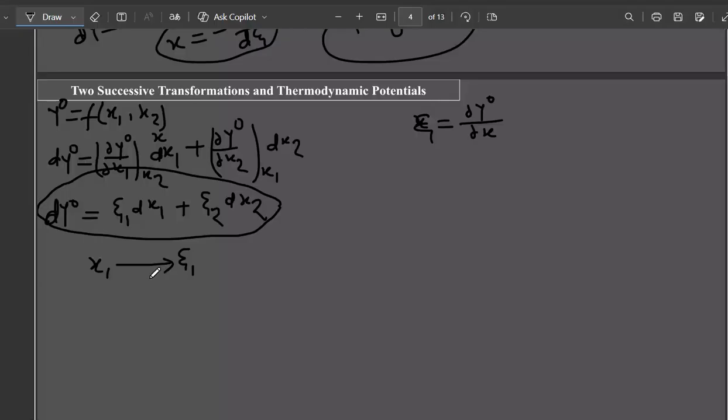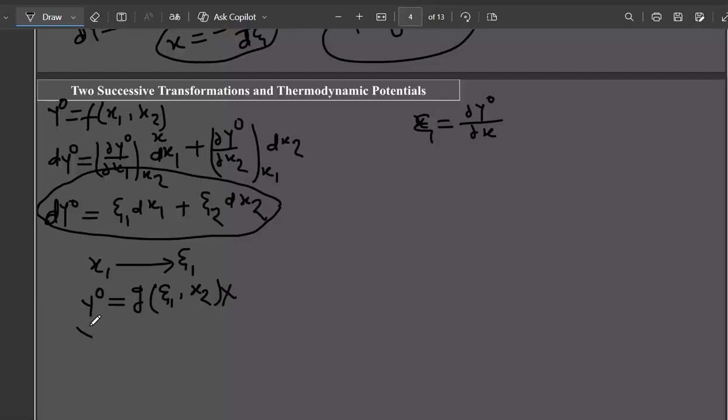Then y0 is another function g of zeta 1 and x2. But this is not our function.